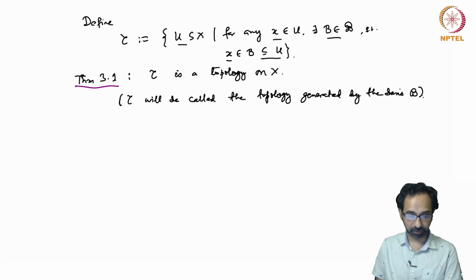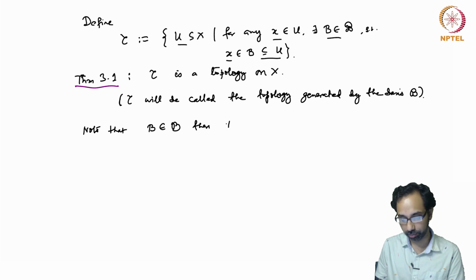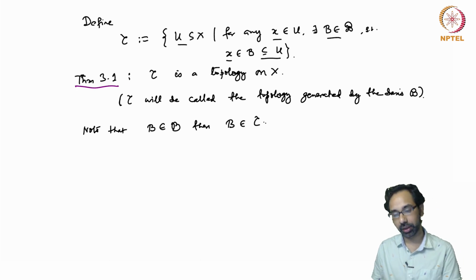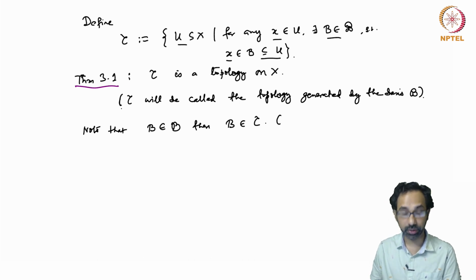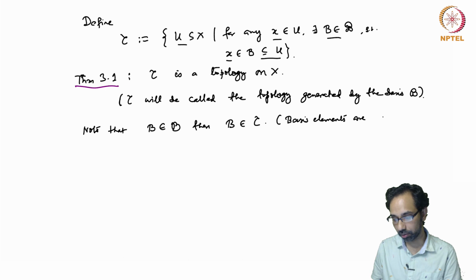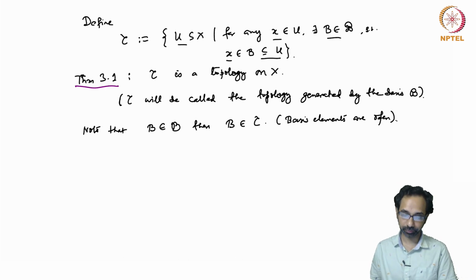So first thing to note before we go to the proof of this theorem: if you take any basis element B, then B automatically belongs to this collection tau, and in particular, once we have shown that tau is a topology, then any basis element is open because it belongs to the topology.